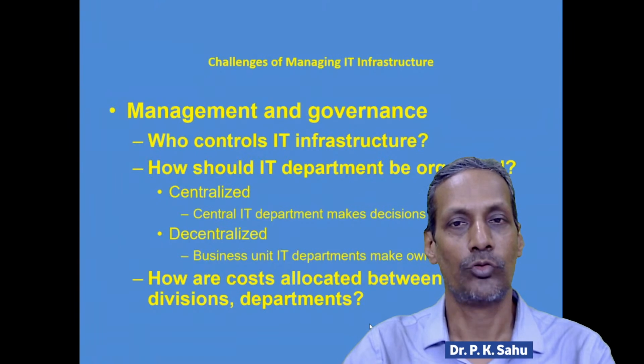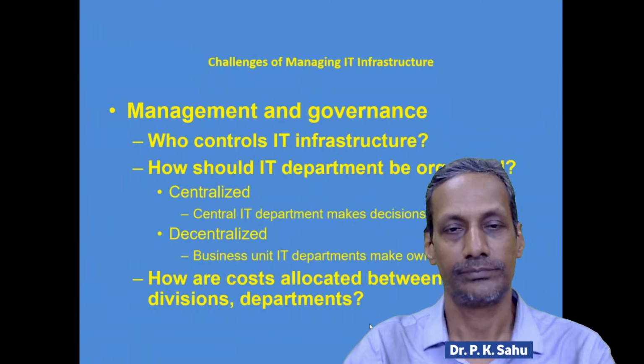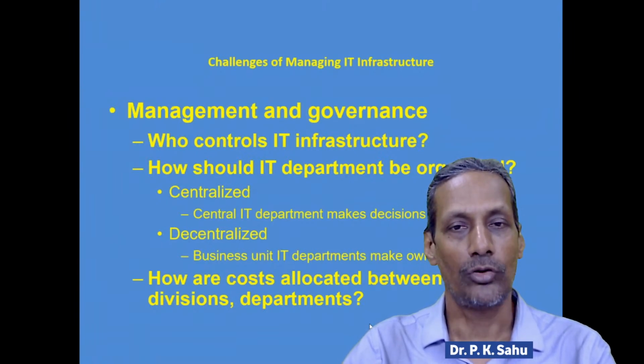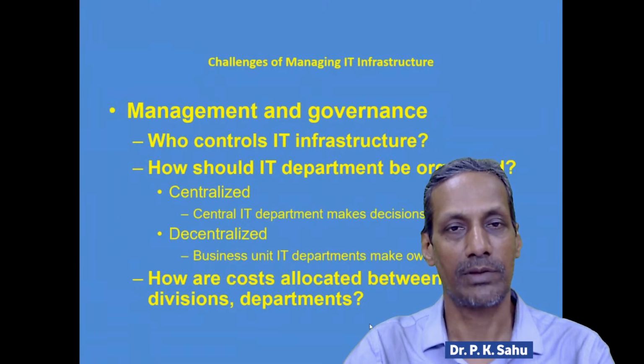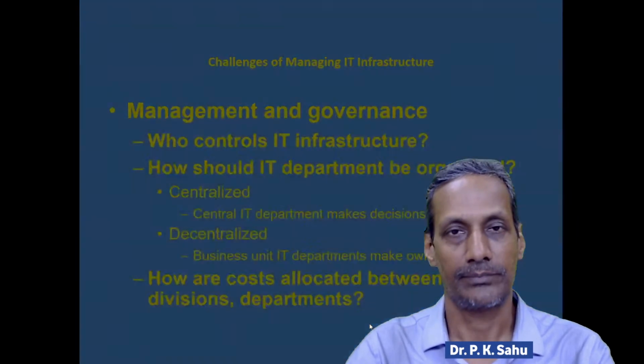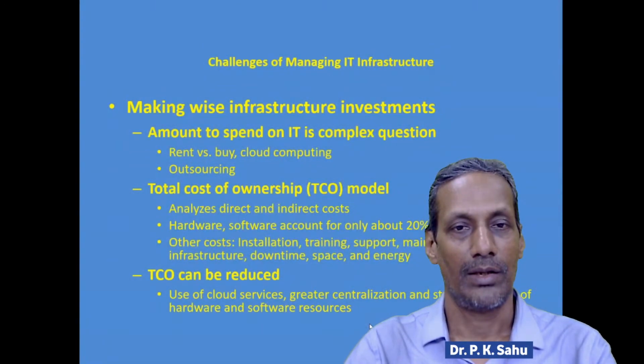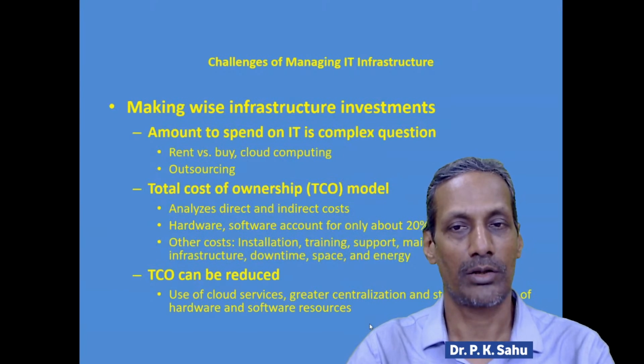Management and governance. Who controls IT infrastructure? How should the IT department be organized? How are costs allocated between divisions and departments? These are some of the questions that should come to the mind of the IS manager for the management and governance of IS and IT. You need to focus on the total cost of ownership model or the TCO model.